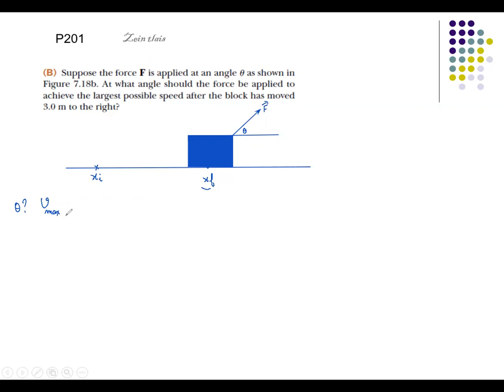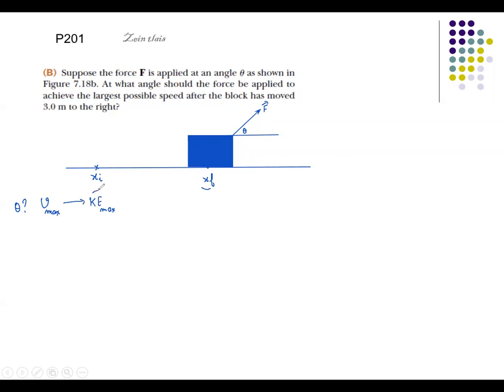In order to have v maximum, we have kinetic energy maximum, because the kinetic energy equals half m v squared. When we have v maximum, we get a maximum kinetic energy.